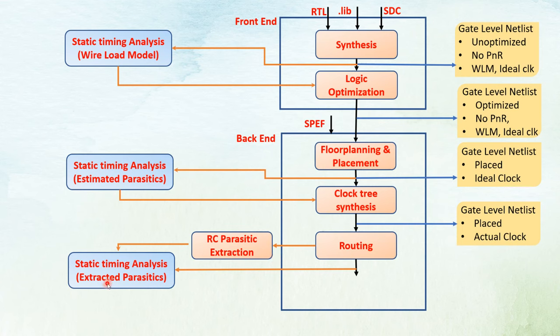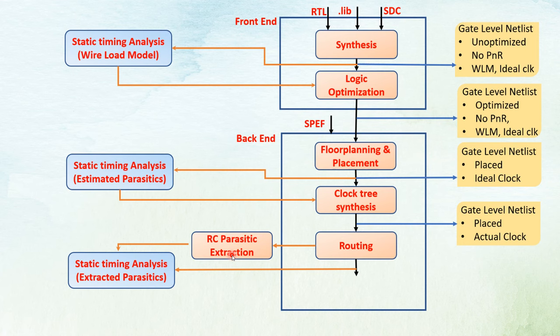At this step, you have all the information about the physical layout design, like routing information, clock information, and standard cell information coming from the .lib file. All this information is used by the RC parasitic extraction tool to extract the parasitics of a design.